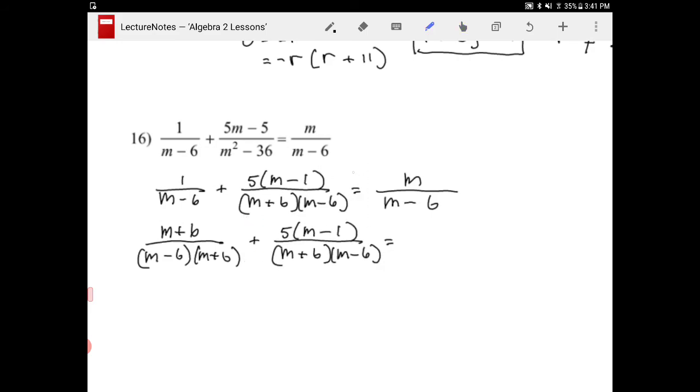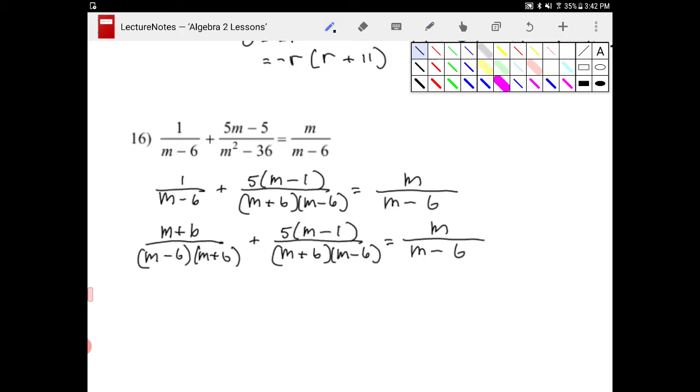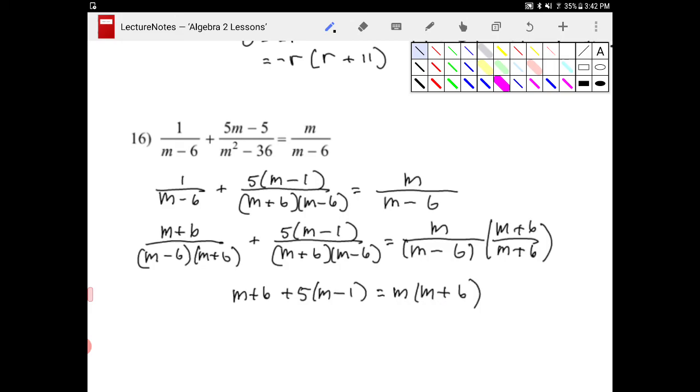In the third fraction, over here, I am missing an m plus 6. So now I have the same denominator all throughout. I have m plus 6 plus 5 times m minus 1 is equal to m times m plus 6.